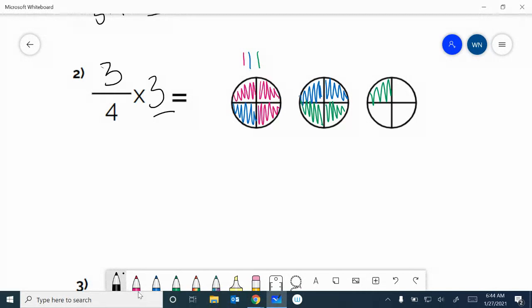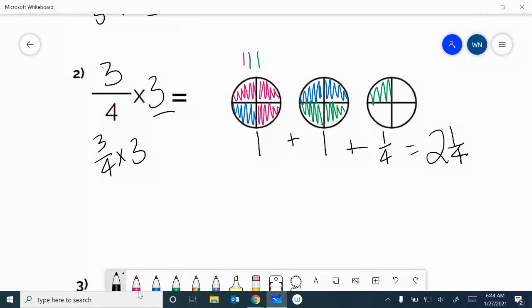Now let's identify what our answer is going to be. We've got 1 whole, another whole, and 1/4. And if I add those all together, I'm going to get 2 1/4. Now we can say 3/4 times 3 is going to be greater than 3/4.